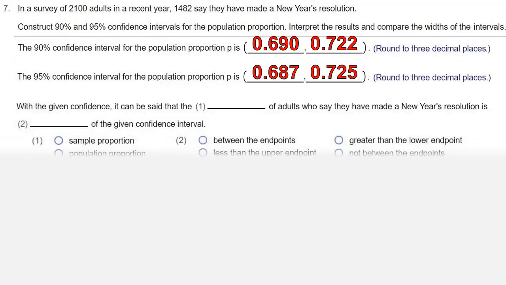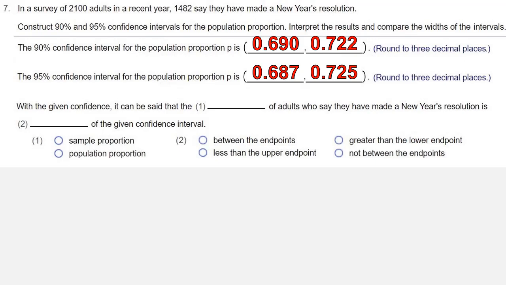Now, we need to fill in the blanks in this statement. With the given confidence, it can be said that blank of adults who say they have made a New Year's resolution is blank of the given confidence interval. Well, when we find a confidence interval, we're looking for information about the population proportion.